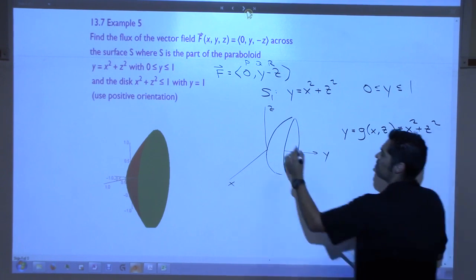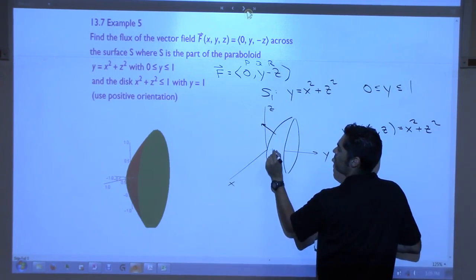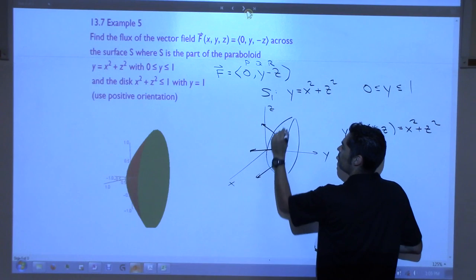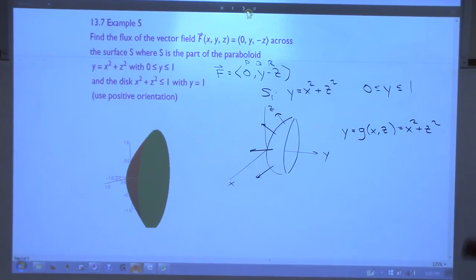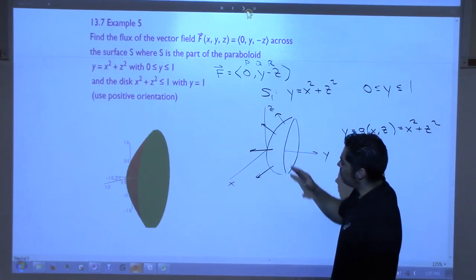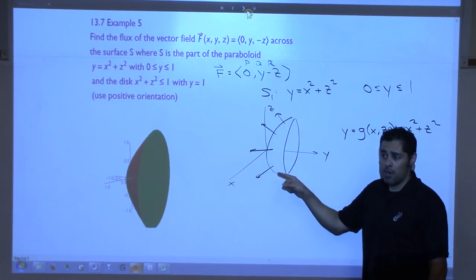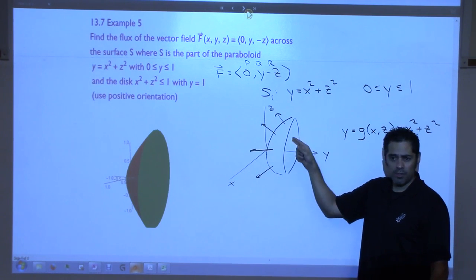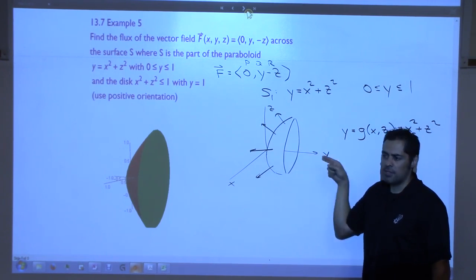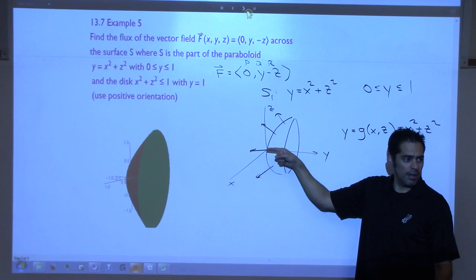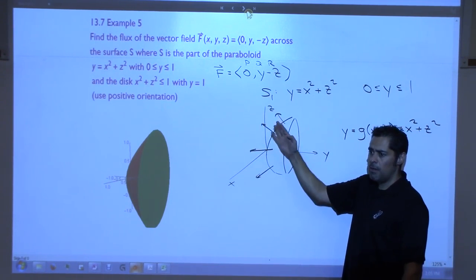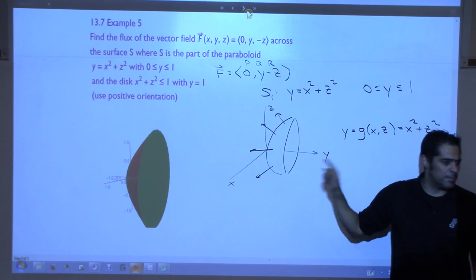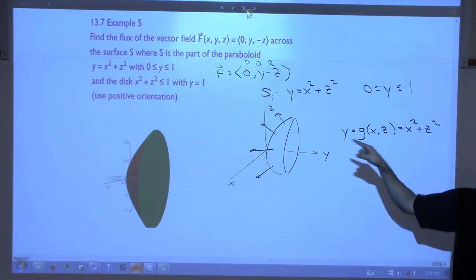So the normal vectors that I want are the ones that would be coming out of this surface like this, right? Those are the normals I want to use. Most important thing to think about on these normals is that the y component of these normals points in the opposite of the positive y direction, right? I mean, they're all tilted depending on where you are on this little bowl, but all of their y components must be negative if they're going to point that way.